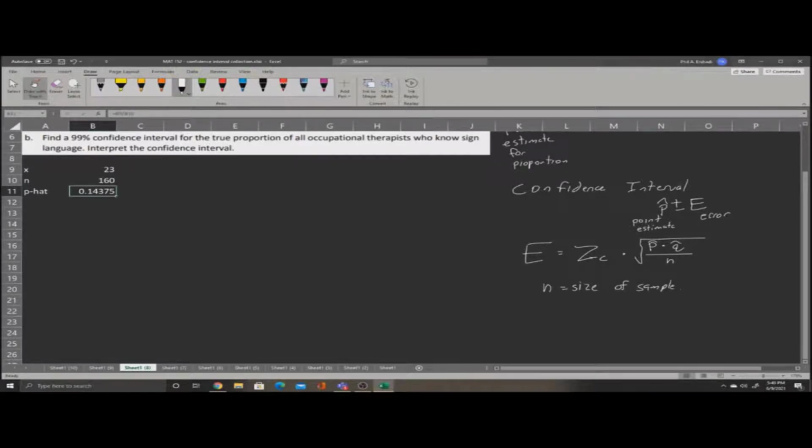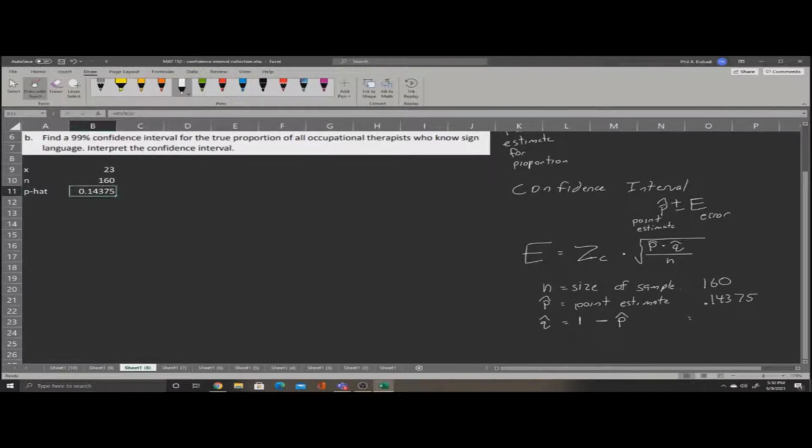Thankfully, this was given to us. We already know it's 160. The P hat is our point estimate. We've calculated this already at 0.14375. Now, to get Q hat, we take 1 minus P hat.